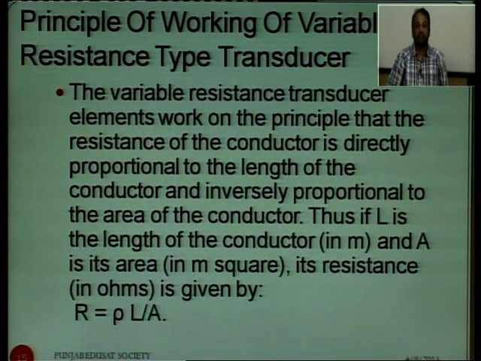The basic principle of working of a variable resistance type transducer is that the variable resistance transducer elements work on the principle that the resistance of any conductor is directly proportional to the length of the conductor and inversely proportional to the cross sectional area of the conductor.